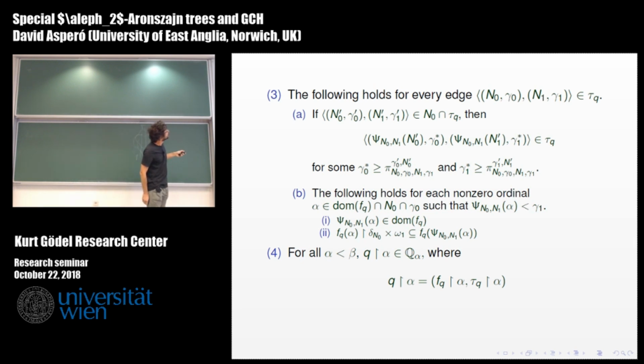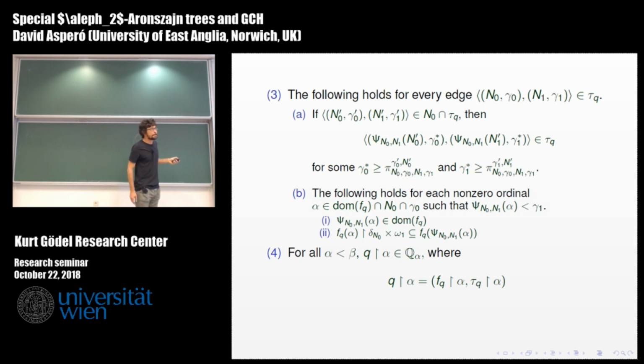So this other edge has to be in the side condition where the model is just the image of n0 prime by the isomorphism. The marker is something which is at least that ordinal that I had defined. And similarly for the other one.